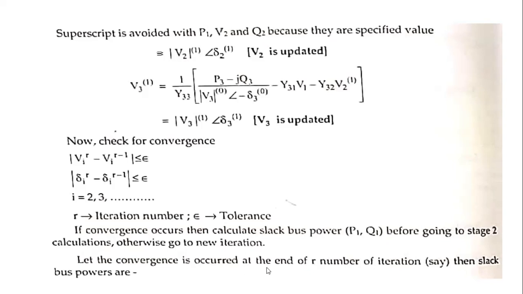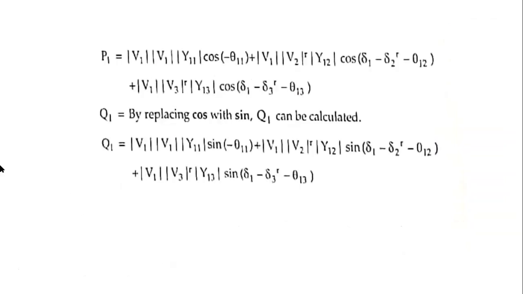Next, let the convergence occur at the end of a number of iterations. The slack bus powers are therefore P1 equal to V1 Y11 cos of minus theta 11 plus V1 V2 Y12 cos of delta 1 minus delta 2 power 0, and so on.